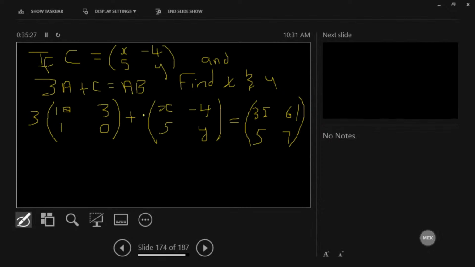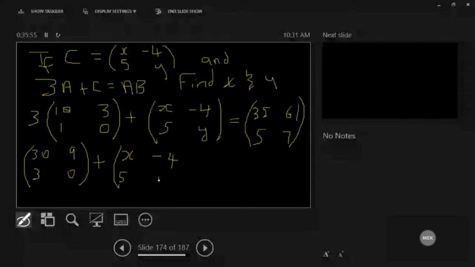All right, so let's work out what this is here. So 3 times 10, that's 30. And 3 3s are 9. And 3 1s are 3. 3 times 0 is 0. So that's a scalar multiplication. And we're going to add the matrix C. We add the entries that are in the same corner.